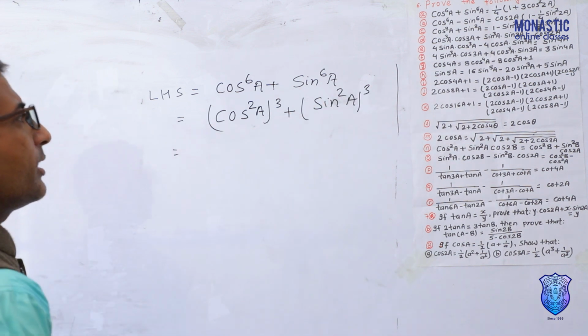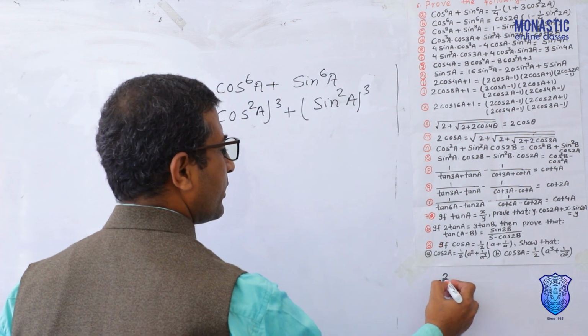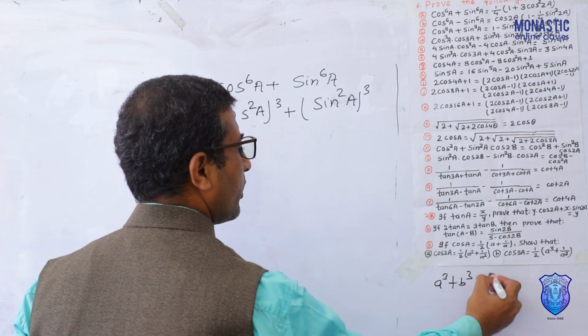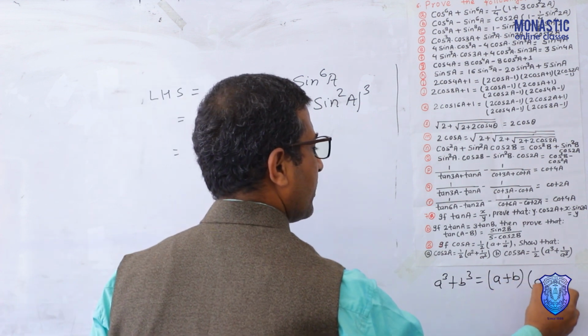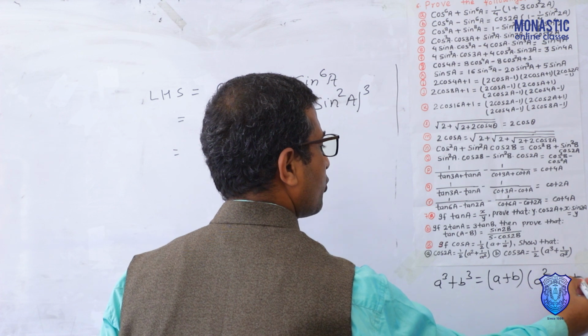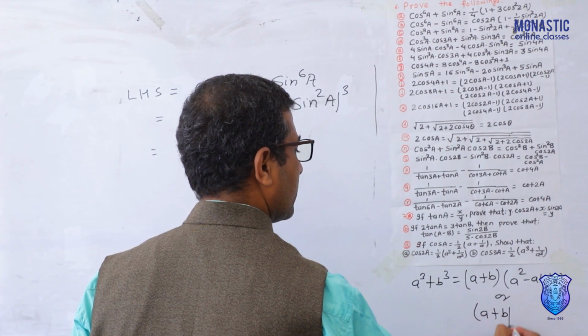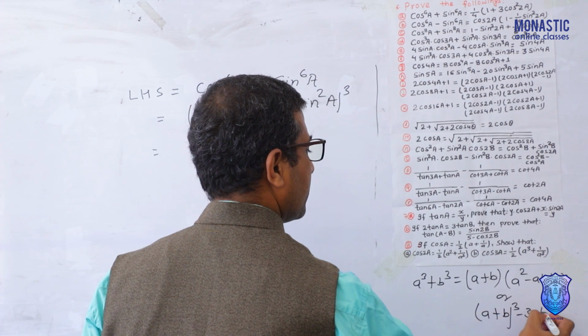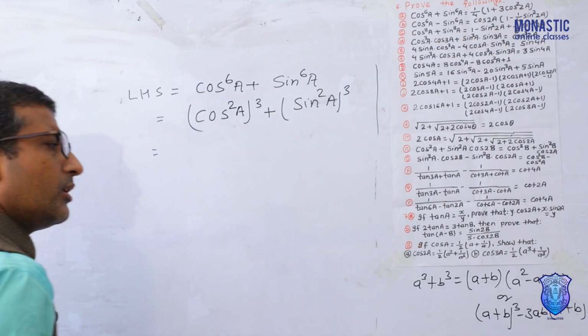That's the formula of a cube plus b cube. We have two formulas for a cube plus b cube. One is the factor formula, (a plus b) times (a square minus ab plus b square). Another is (a plus b) whole cube minus 3ab into (a plus b). We can use both.